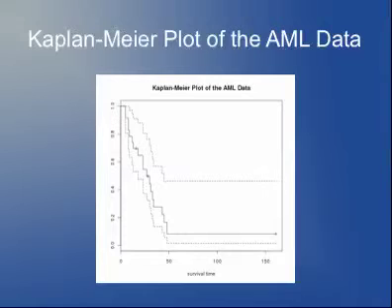You'll also notice that a couple spots on the line are marked with a little plus sign. Those are the observations that were censored. So it looks like around maybe 20 months or so, someone dropped out of the study, and then a second one dropped out at about 30 or 40 months. And then there was one person who survived 150 plus months who was presumably cured of their AML.